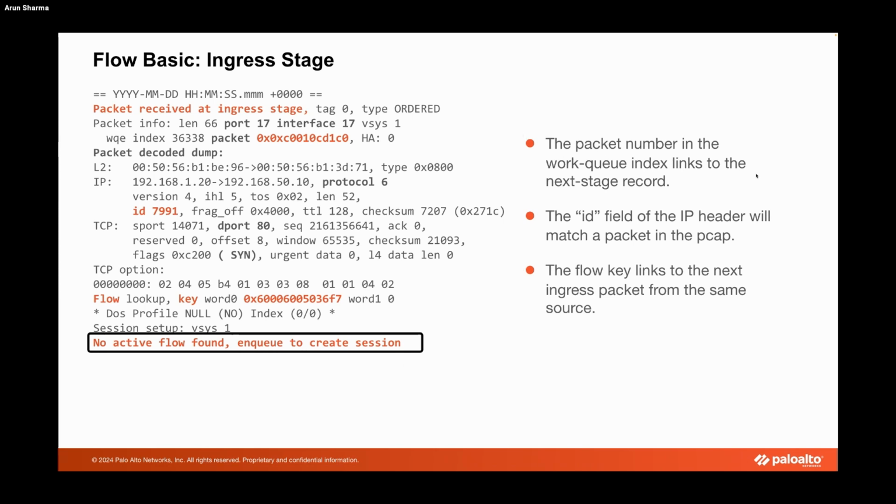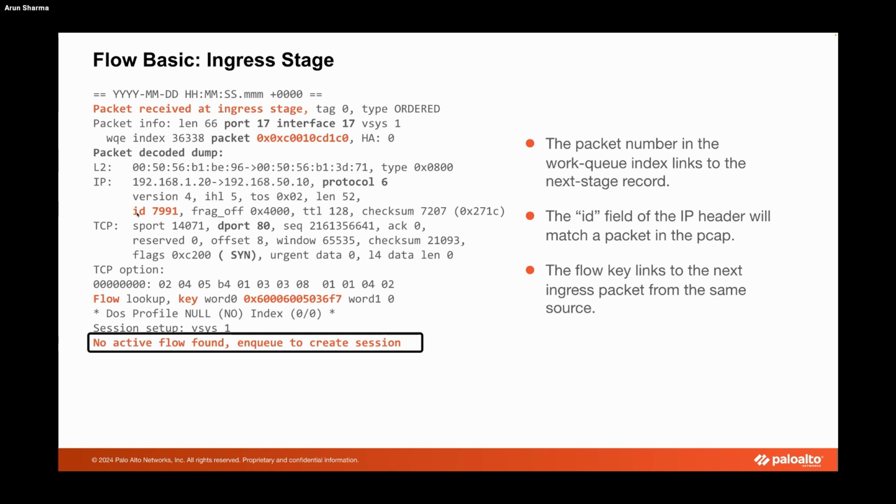The packet number in the work queue index links to the next stage record. This is the ingress stage, and if it goes to the next stage, this work queue index will be linked to all the stages. The ID field of the IP header will match a packet in a PCAP. So if you try to find the same packet in the PCAP, you have to focus on this ID.